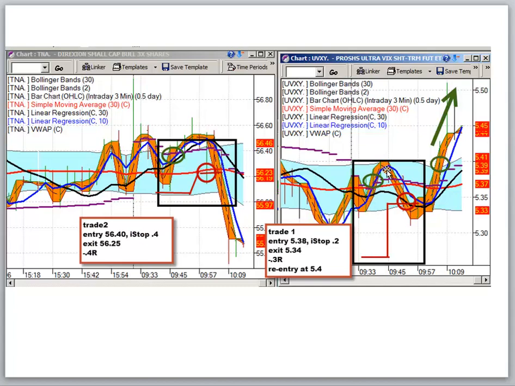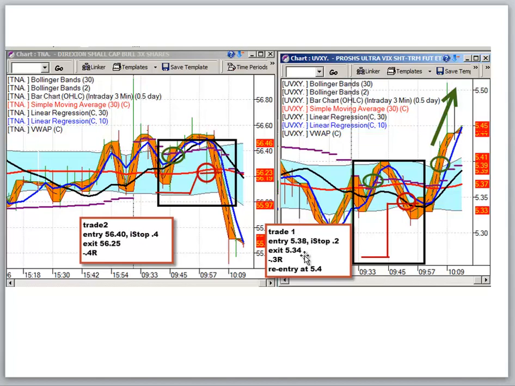It gets to the top of the river, fails, and that's enough for me to exit at the bottom of the river at 5:34. So loss of 4 cents, about minus 0.3 R. Trade number three is going to be a re-entry at $5.40, when price and the regression line are starting to leave the river.